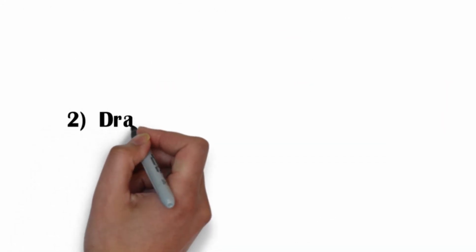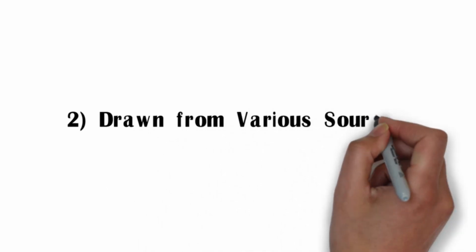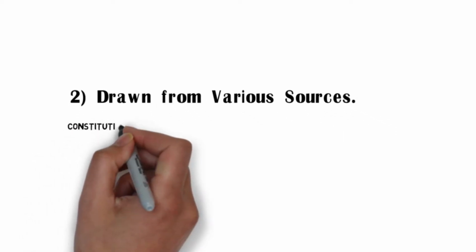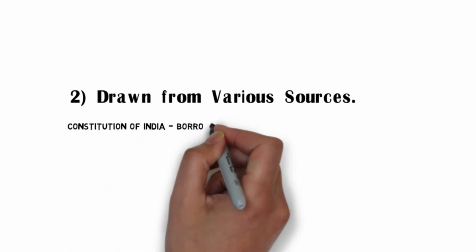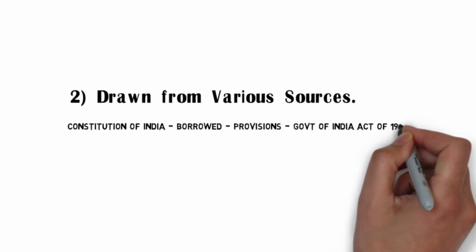Now, the second very important feature of the Indian Constitution is that it draws from various sources. The Constitution of India has borrowed most of its provisions from the constitutions of various other countries, as well as from the Government of India Act of 1935.